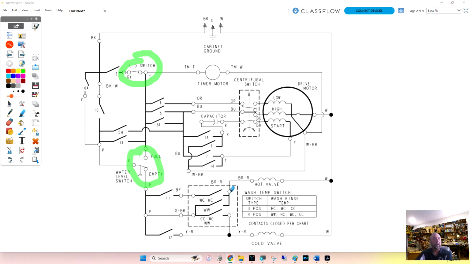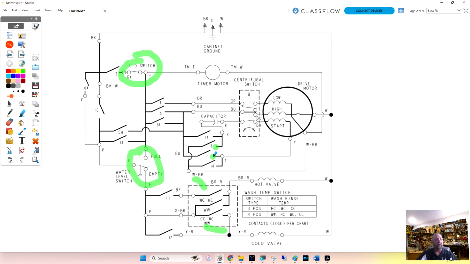The only other switch drawn in bold that is not part of the timer is this temperature selector switch here. It is drawn bold, but it is not inside the timer. Usually all timer switches are drawn with heavy lines and have numbers to indicate each switch inside of the timer.